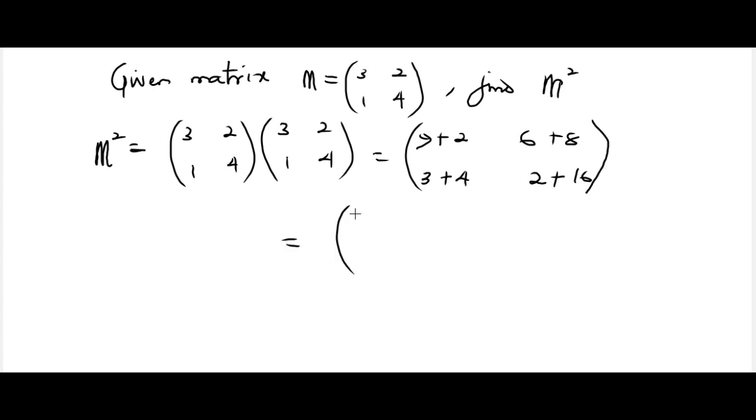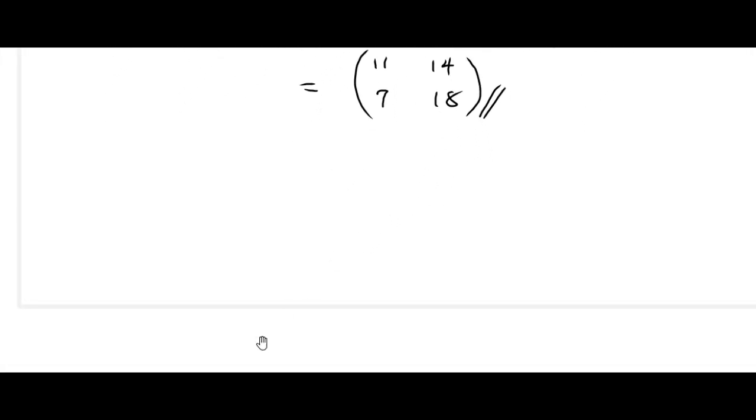9 plus 2, we have 11. 6 plus 8, we have 14. 3 plus 4, we have 7. And 2 plus 16, we have 18. So this is the answer to this problem. Now let's consider multiplying matrices of different order.